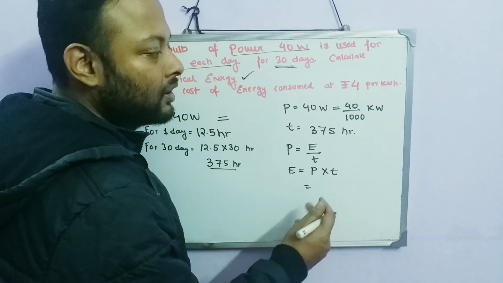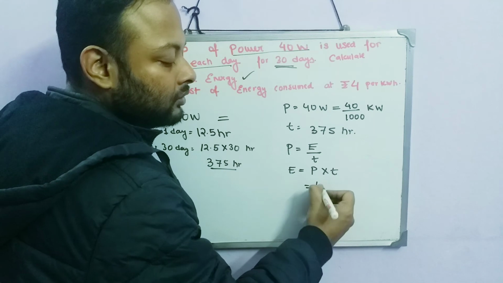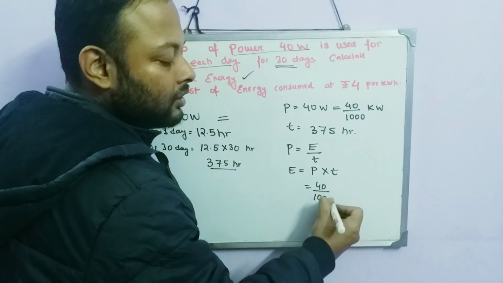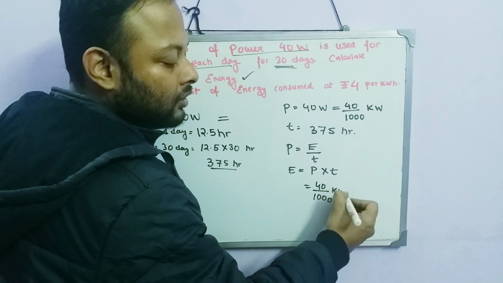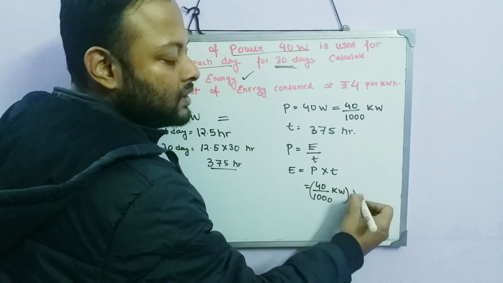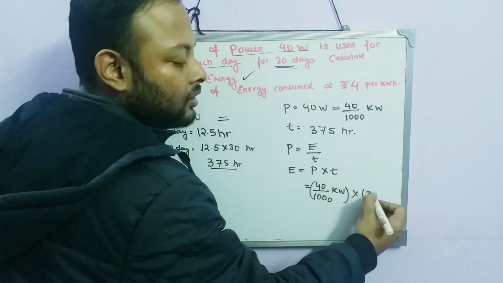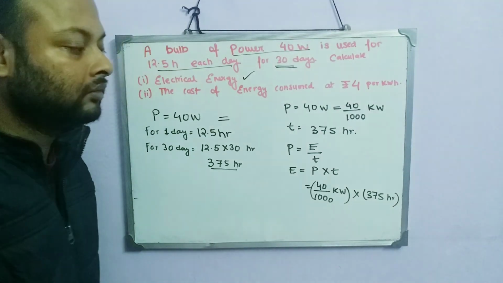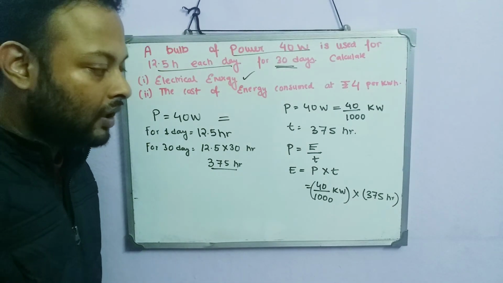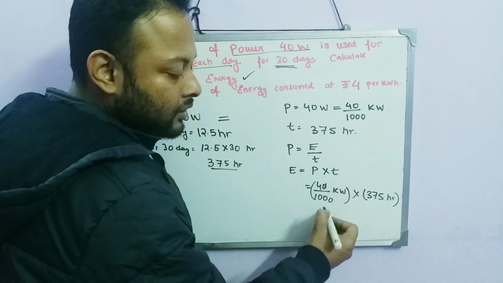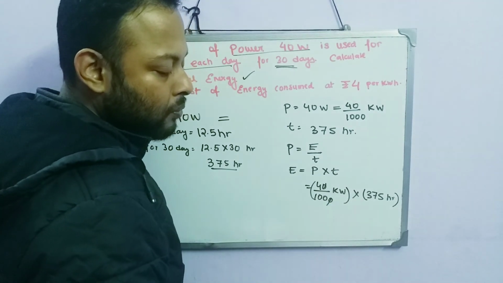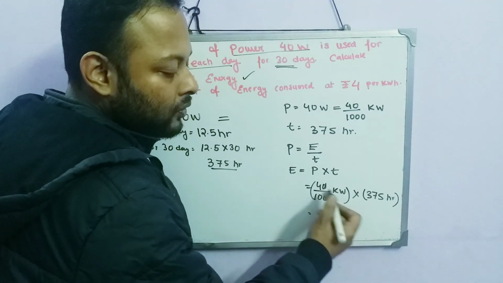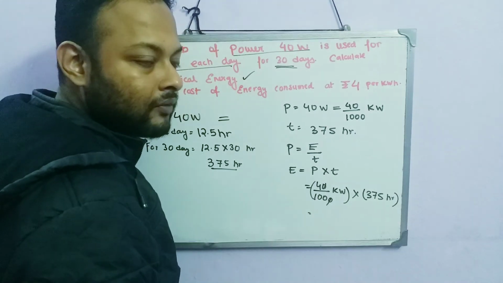Now what is power? Power is given as 40 by 1000 kilowatt, and time is given as how much? 375 hours, right? Now if you multiply, cancel this 0 and 0, ultimately what you get is 4 into 375.